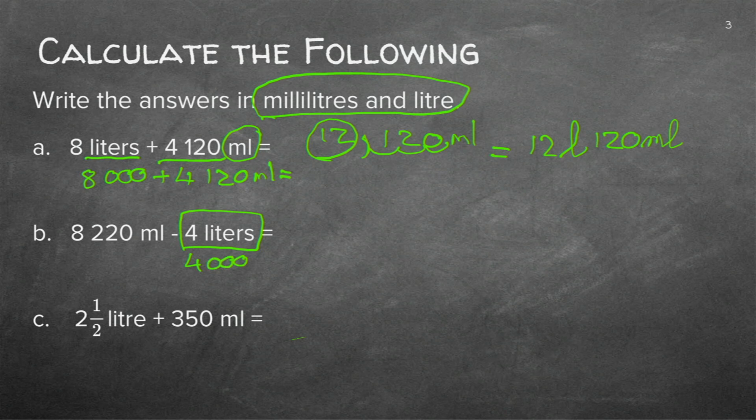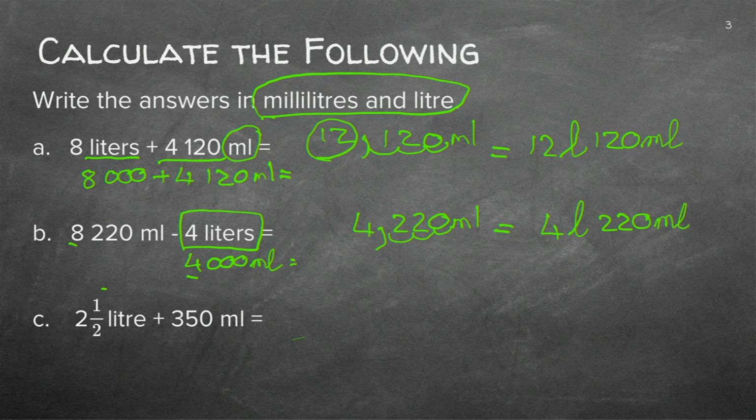And that's where mental maths come in, boys and girls. 8,000 minus 4,000. So this will be 4,220 milliliters. But I want my answer in milliliters and liter. And then I go 1, 2, 3. So the answer will be 4 liters and 220 milliliters.